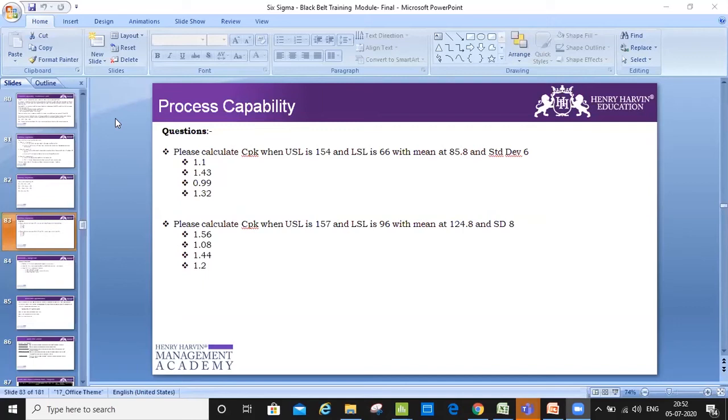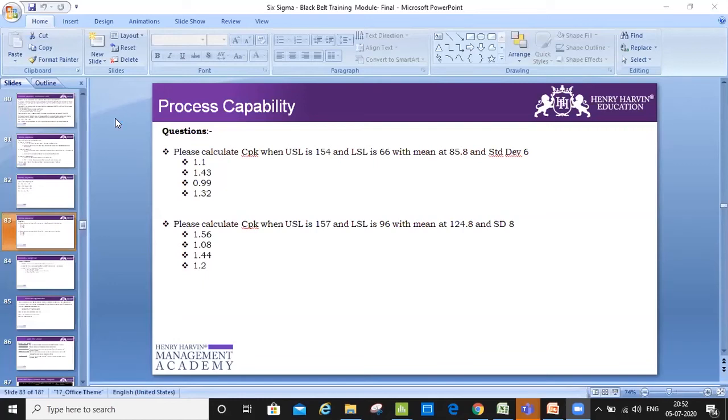If it is less than 1, or negative, then there are a lot of irregularities and a lot of defects in the process, which you can also calculate using your standard deviation, which you already knew. It's just a cross validation to check how my process is currently performing.